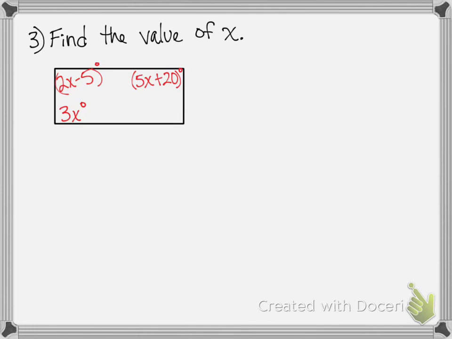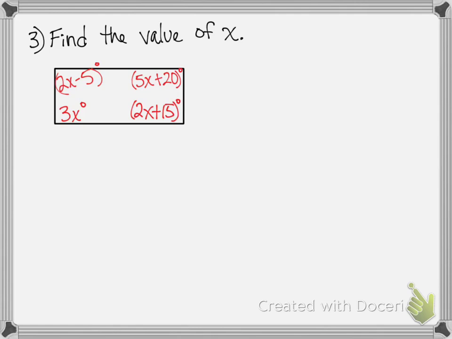And we'll make this one 3x plus 15 degrees. I'm going to change that to a 2x instead of a 3x on that last one. 2x plus 15. Sorry. Trying to see if I can make this come out right. I'm not sure if it will. Or come out nicely, I should say.